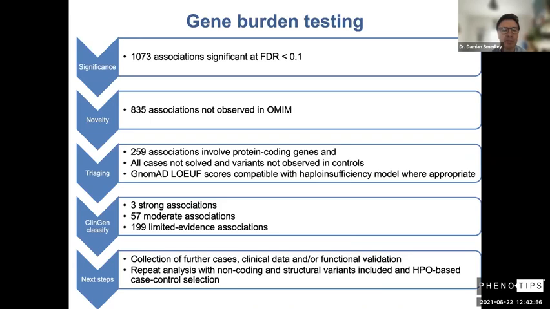We're just starting to triage these, looking for ones that are more likely because none of the variants are observed in controls, for instance, or they fit with gnomAD and haploinsufficiency scores. Again, we're ClinGen classifying them. And then for the more compelling ones, looking to collect further cases or perform functional validation.